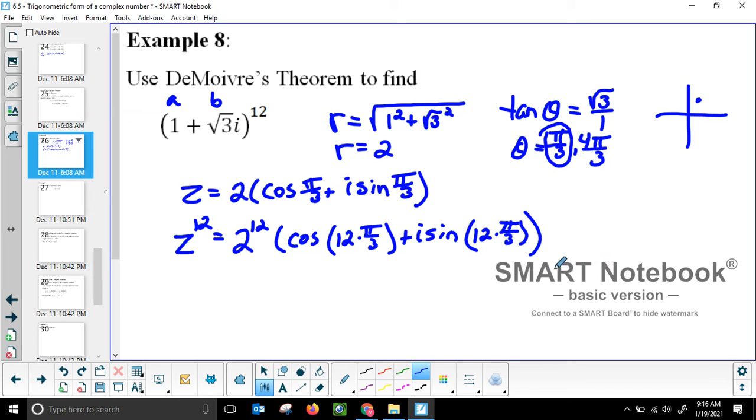Now 2 to the 12th is going to be very large: 2, 4, 8, 16, 32, 64, 128, 256, 512, 1,024, 2,048, so 4,096.